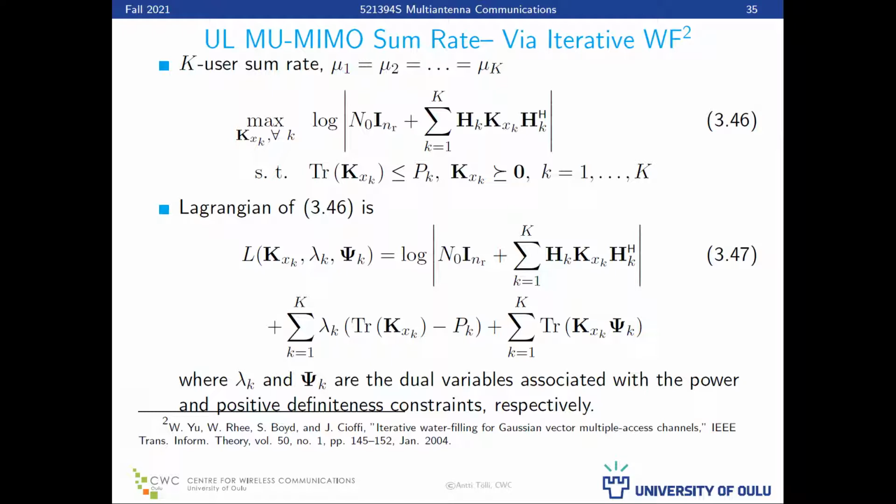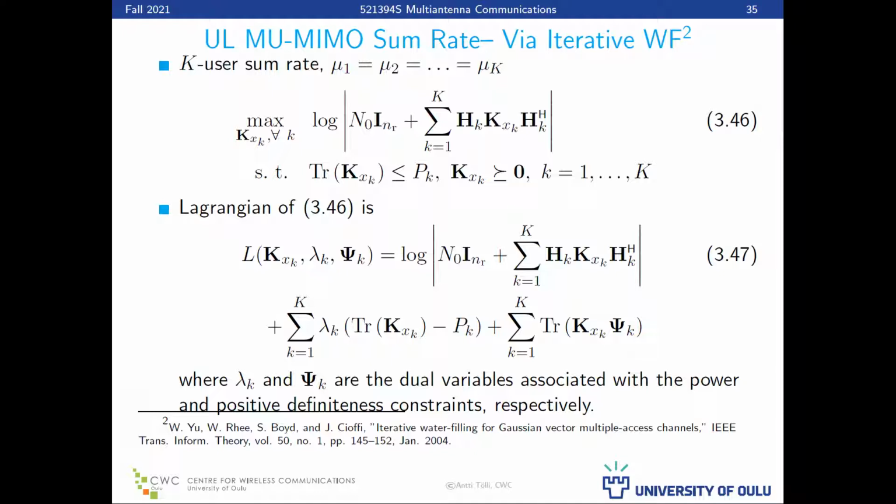Of course, this is a convex problem, and we can just plug it into a solver and get the optimal transmit covariance matrices KK. But we can also get an iterative version. You can actually see that this has a nice structure.